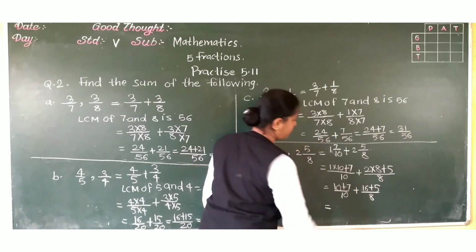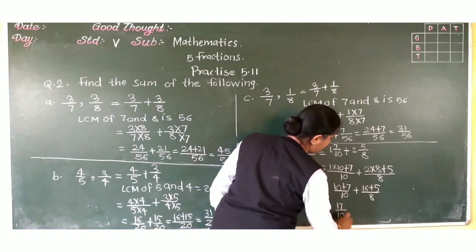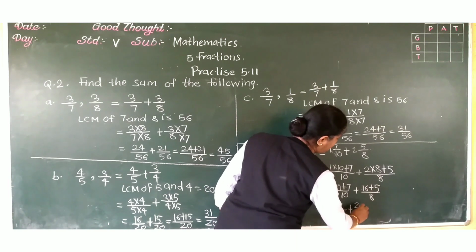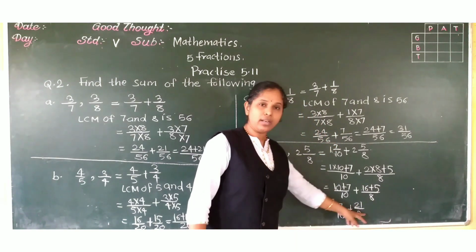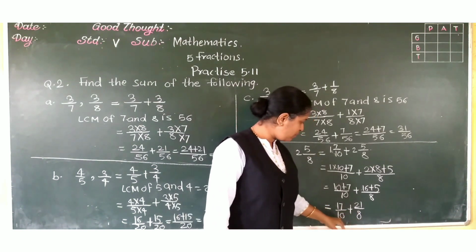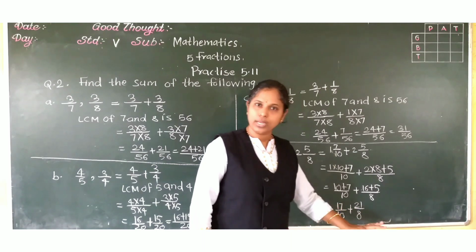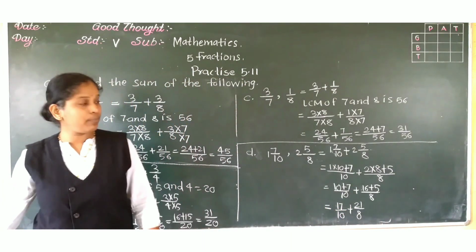Now 10 plus 7, how much? 17 upon 10 plus 16 plus 5, 21 upon 8. Now these are improper fractions, but see, denominators are also different. So what do we have to do? We have to take the LCM.